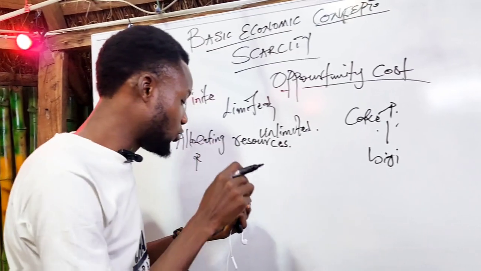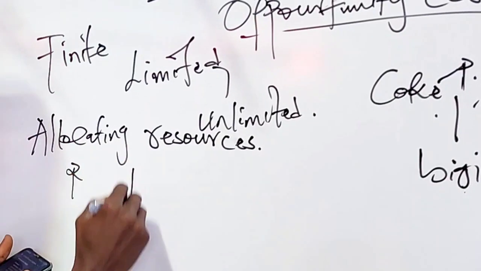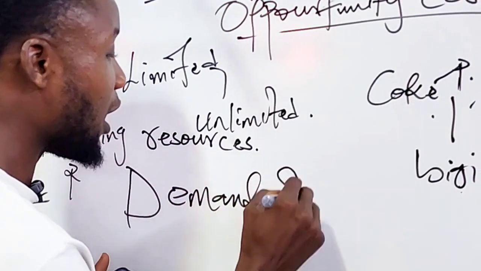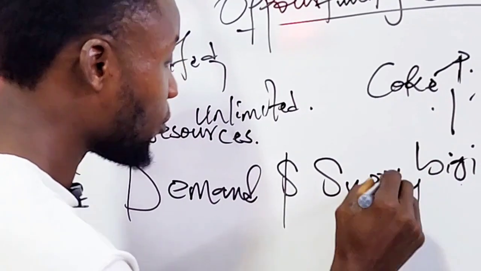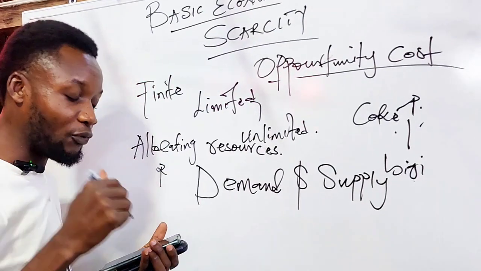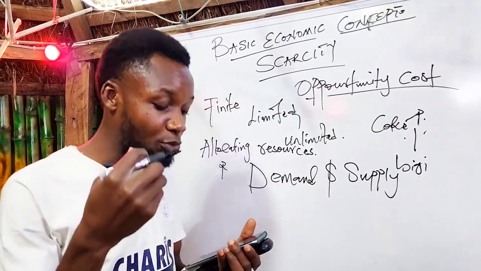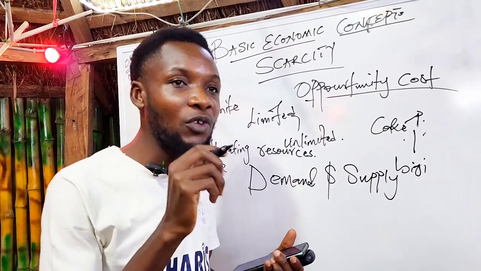All right, to the next one, we want to talk about the concept of demand and supply. Quickly, demand by definition is the quantity of goods and services that the consumer is willing and able to buy at various prices during a specific period.